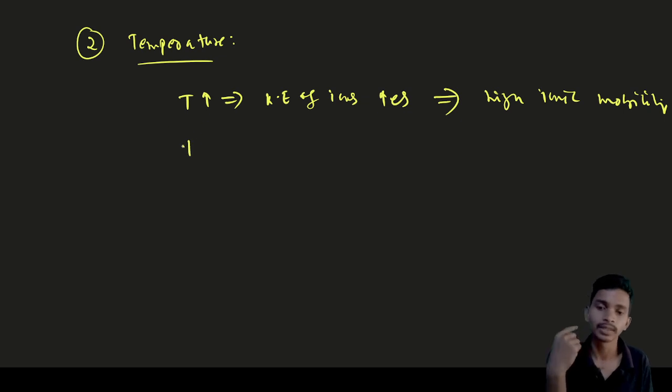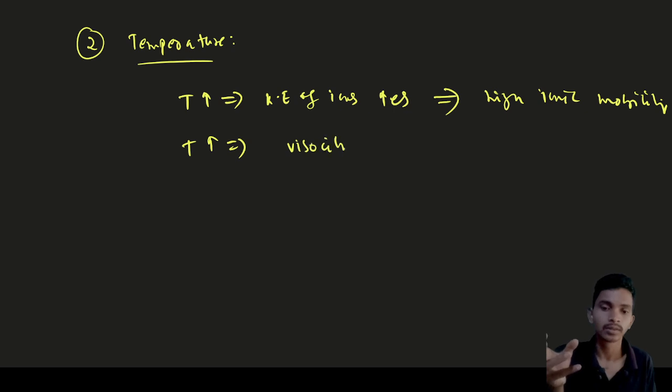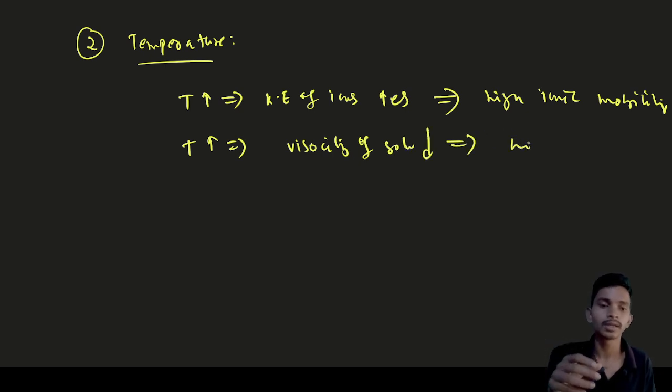Similarly, if you increase the temperature, the viscosity of the solvent decreases. If it decreases, then high ionic mobility will occur.